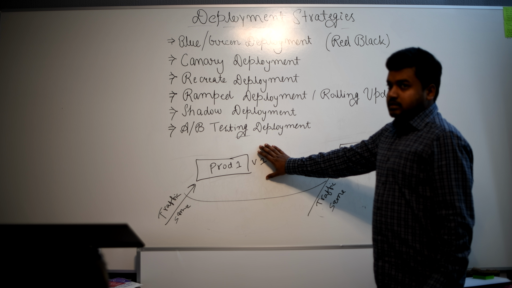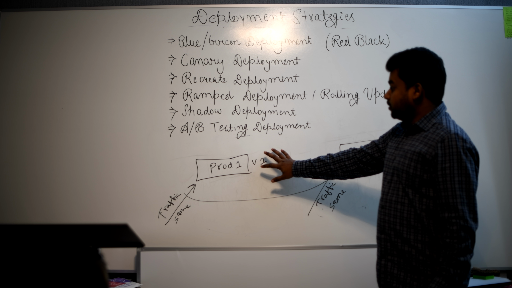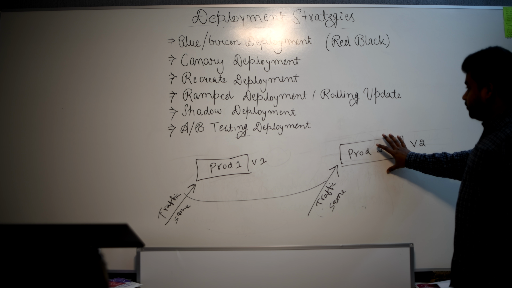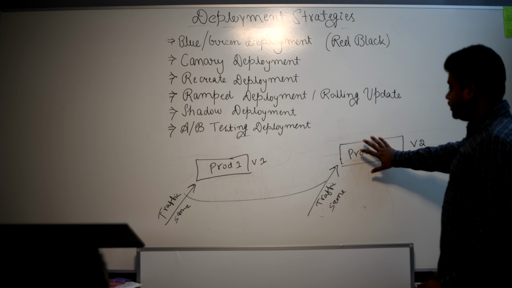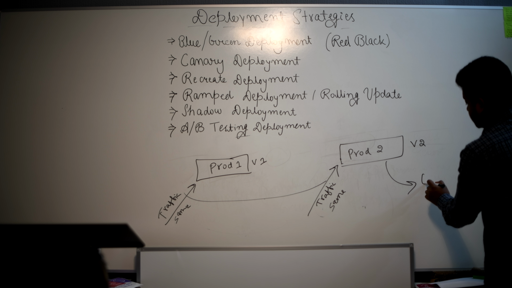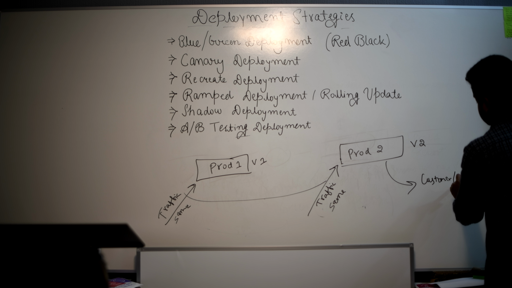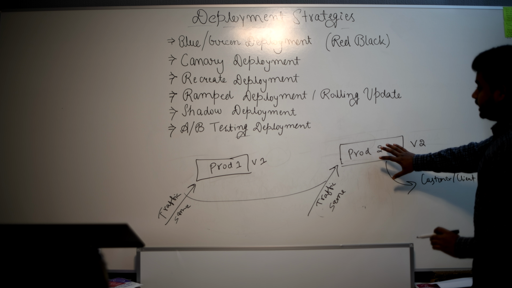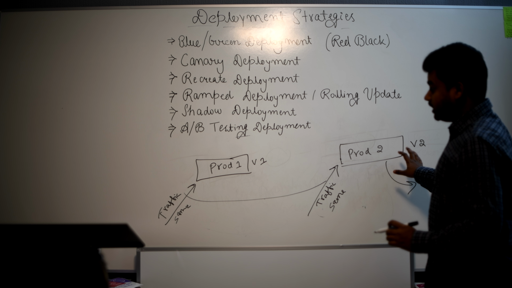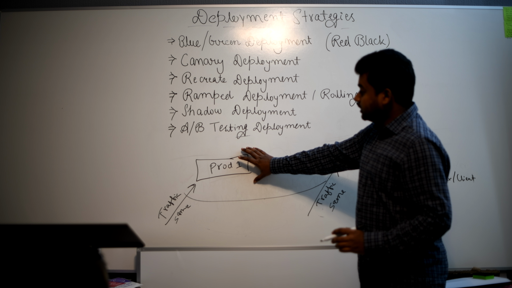But this one is giving output, and this one will not. There will be no output to the customer or client. This is not connected to the downstream. This one gives the result.